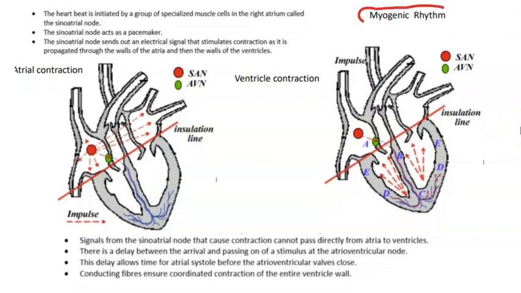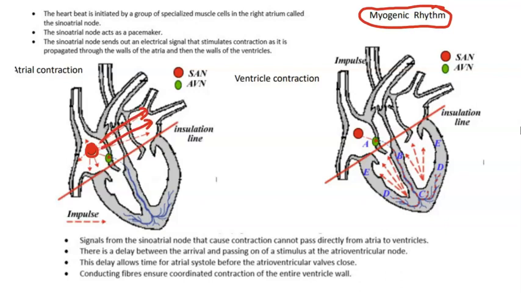Myogenic rhythm. The sinoatrial node is able to generate an impulse to contract that spreads across the heart muscles through the intercalated discs.